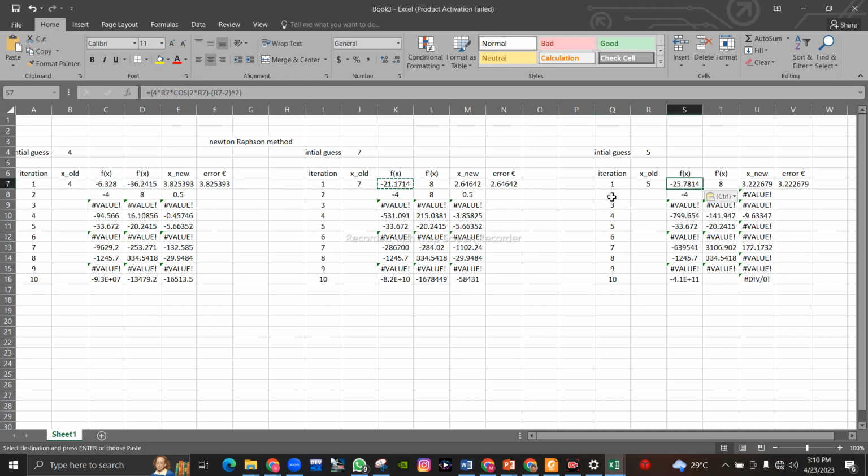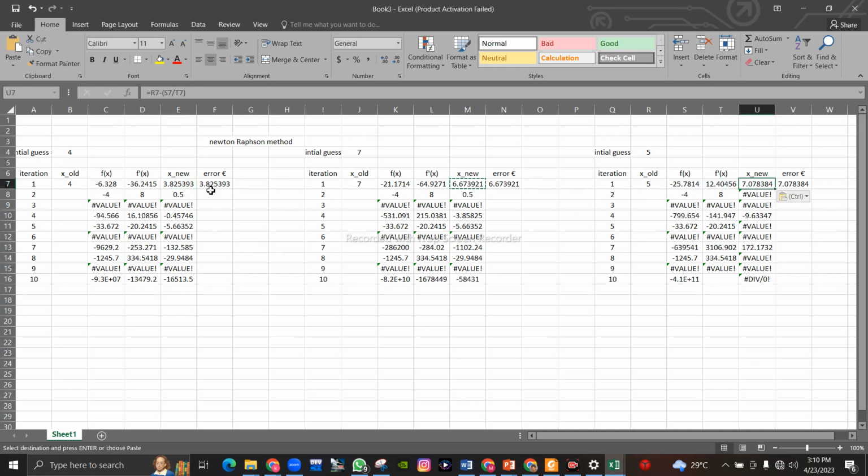Ctrl V. Copy for this f and put it for this one too. Copy for this one now. Ctrl C again and put it for this one. Then for your x new, copy this one and put it for this x new. Copy for this one and put it for this x new.